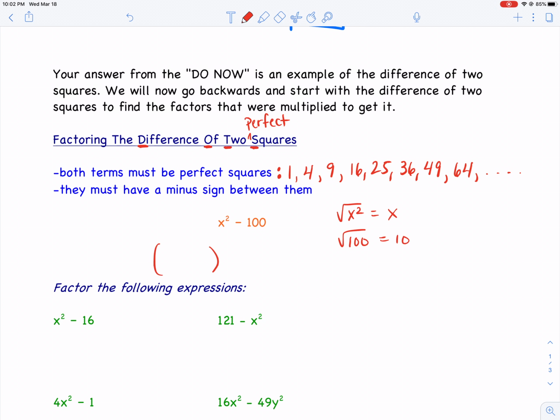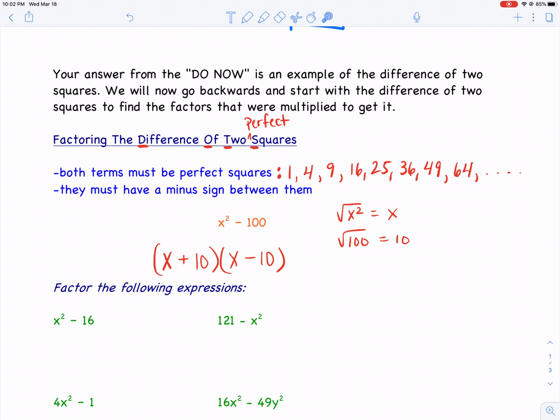Therefore, my two factors are going to be conjugates, so I know one of them is going to have a plus and one of them is going to have a minus. Then my two answers over here, when I got the square roots, x and 10, are going to be the first and second number in each parenthesis. x first in each, 10 second in each.